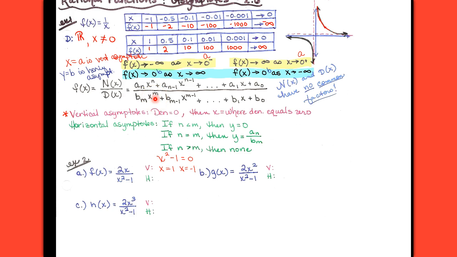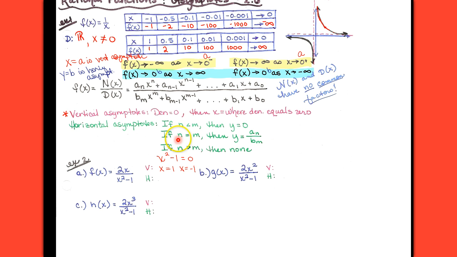Okay? If the degree of the numerator is less than the degree of the denominator, you will have a horizontal asymptote, and it will be y equals 0, no questions asked. If the degree of your numerator is larger than the degree of your denominator, you will not have a horizontal asymptote, no questions asked.